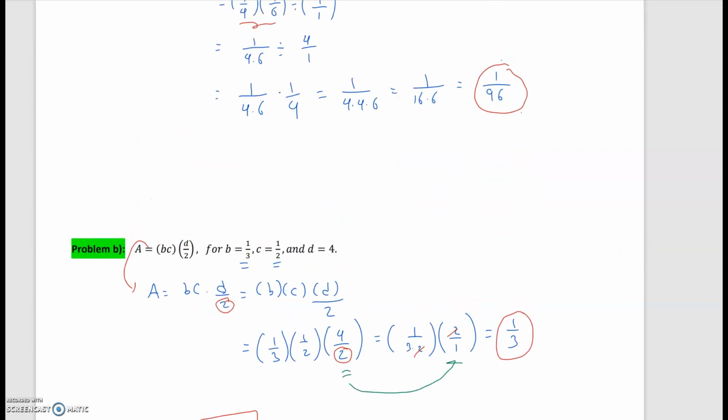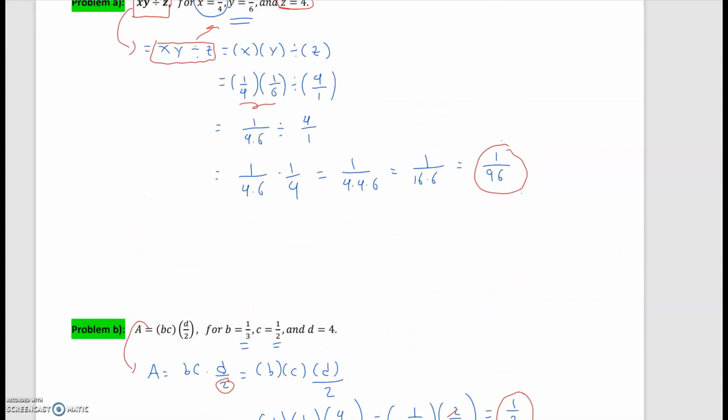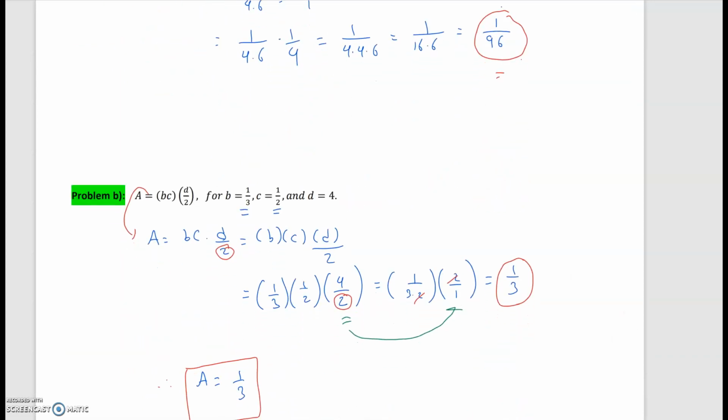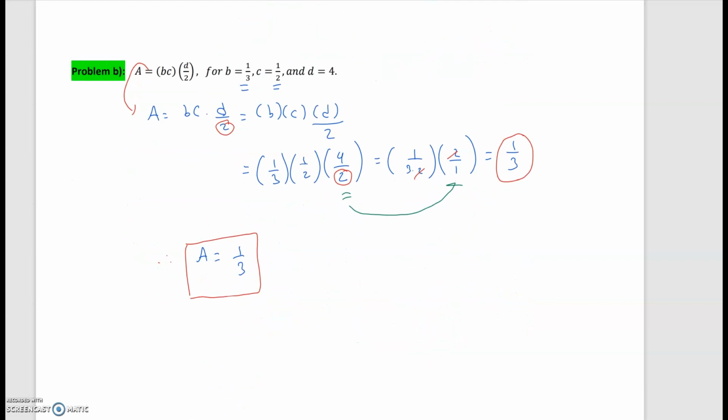On the previous one, the expression was xy divided by z, and after we plug in the given values, we ended up with 1/96. But here the expression is given a name, and the name happens to be A. Okay, so let me double check again. The 2's cancel. Yep, we're good to go.